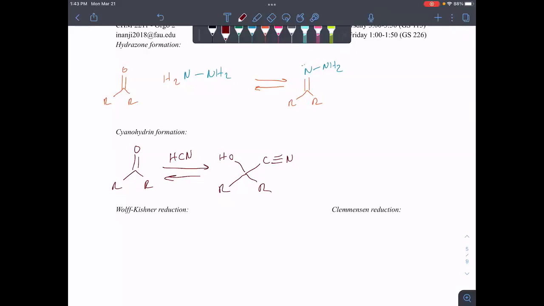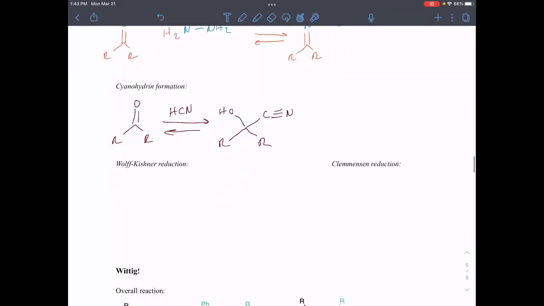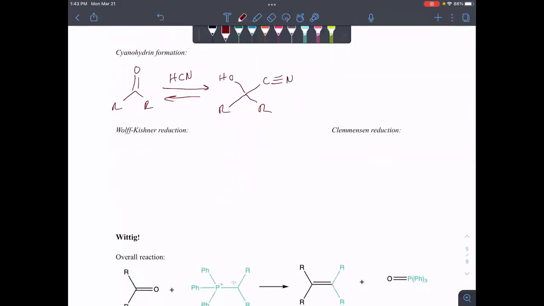And then there's two different kinds of reductions we can do on aldehydes and ketones. So you can have Wolff-Kishner, where you have a ketone and you react it with a hydrazine. It's just ketone, right? Not aldehyde. I don't think so. So when you react it with a hydrazine, the ketone turns into a CH2.